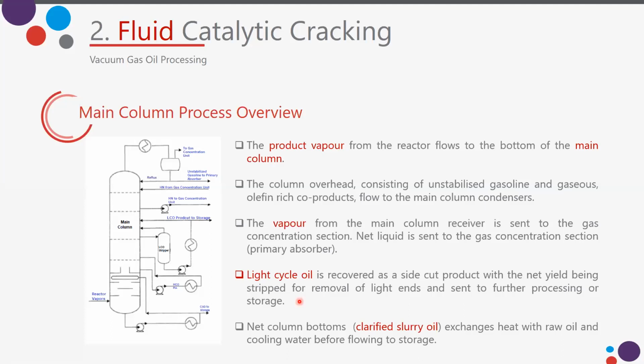Is 5% the minimum? No, we have 5% of yield. For every 100 tons that you will have with feed, you have around 5 tons of coke in the catalyst. But you have to take into account the catalyst that is flowing in the unit to make the calculation.